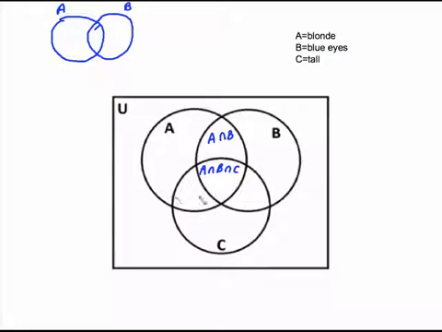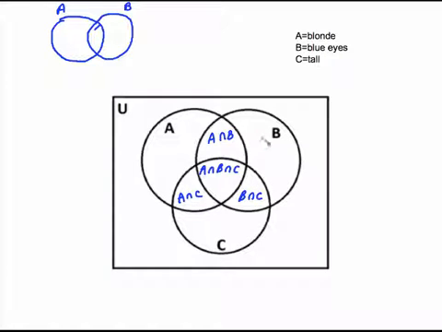Same idea here. Let's do these 2 sets, set A and C. This right here, you would want to call A intersect C, but it's just this region we label as A intersect C. So these are the blonde, tall people. And this over here, B intersect C. These are your tall, blue-eyed people.